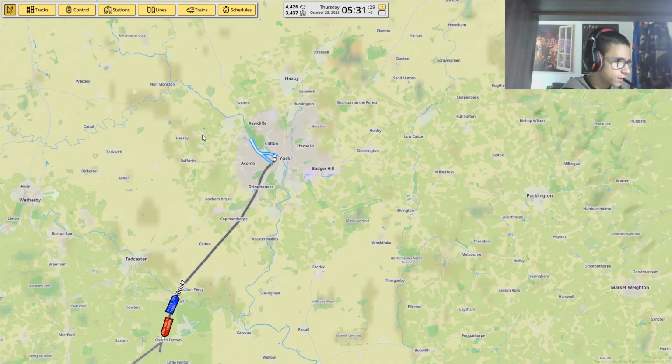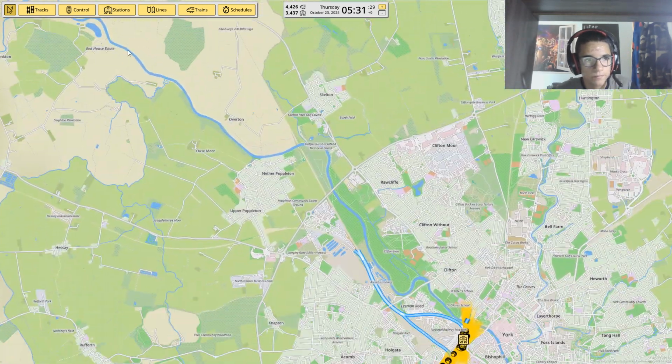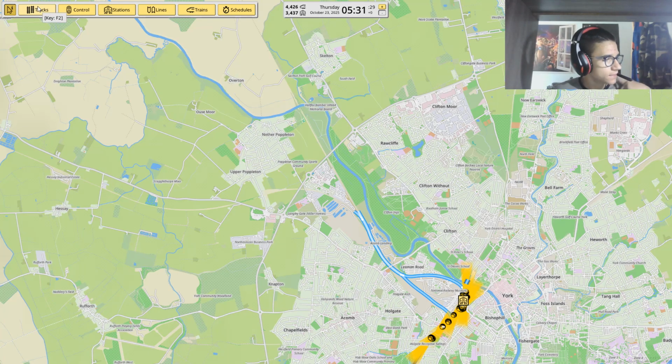So go look for the line that goes to Poppleton via Harrogate, or York via Poppleton. I don't know why it says Burley Park via Harrogate. I think that should be Leeds via Harrogate, because Burley Park is literally the first station just out of Leeds in that circular line. So we just need to stop at Poppleton.